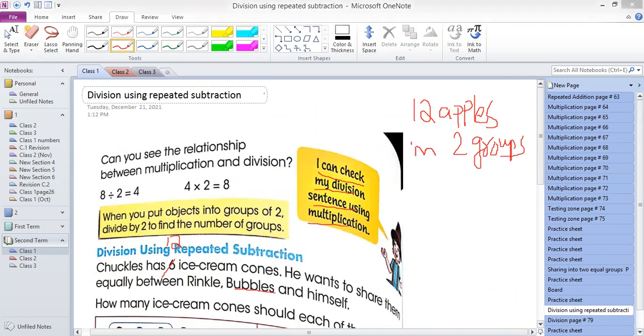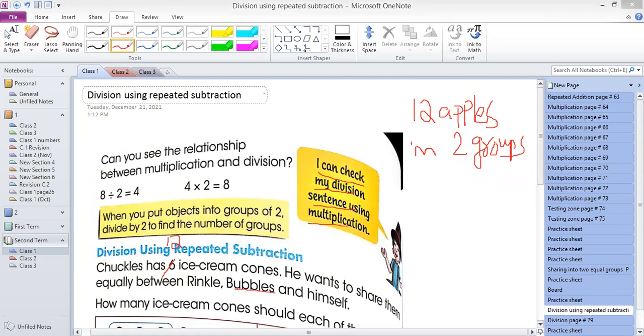Very good, Abdul Rahman, Ahmad Mazin, Anas. That's very good. You have 12 apples and you have to share equally between 2 groups.